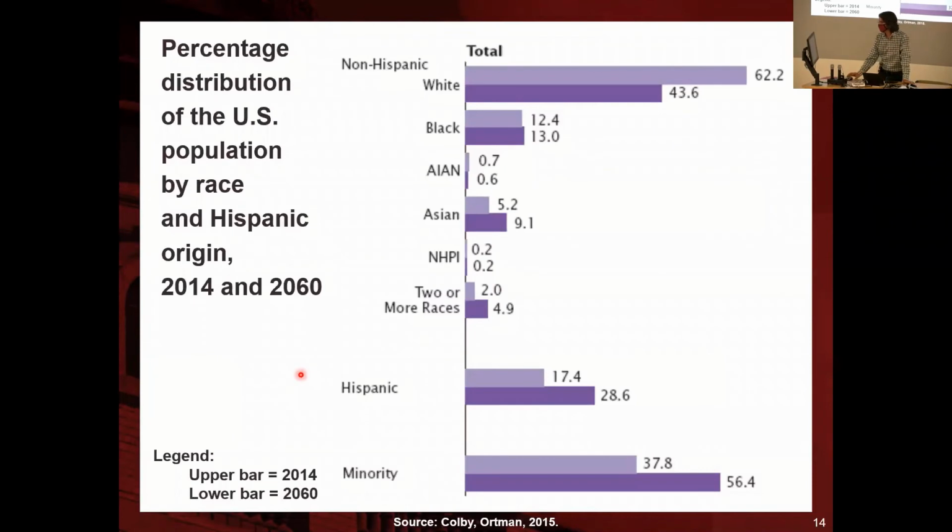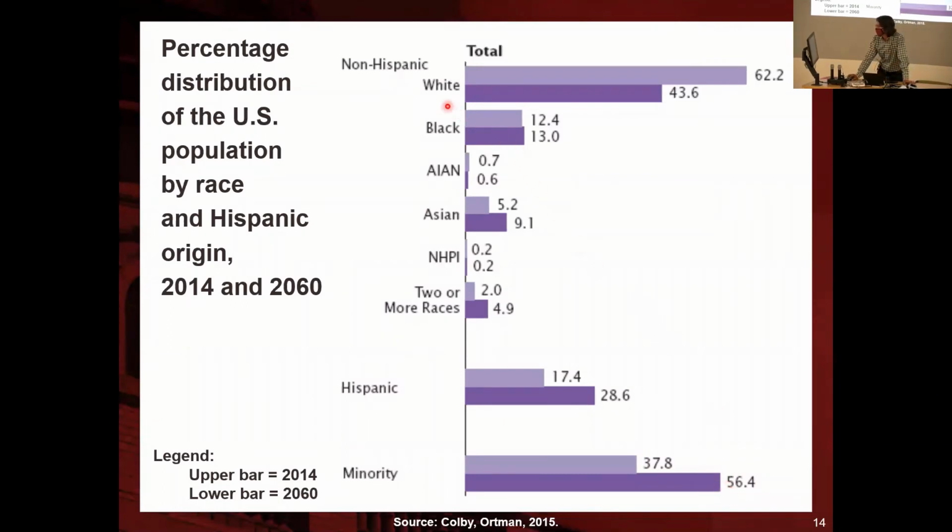But what we see here is the percentage distribution of the US population by race and Hispanic origin, in 2014 and 2060. The upper bar is 2014, the lower bar 2060. So if we put together all these minority groups here, in 2014 they were around 38% of the population, and by 2060 they will be more than 56% of the population.